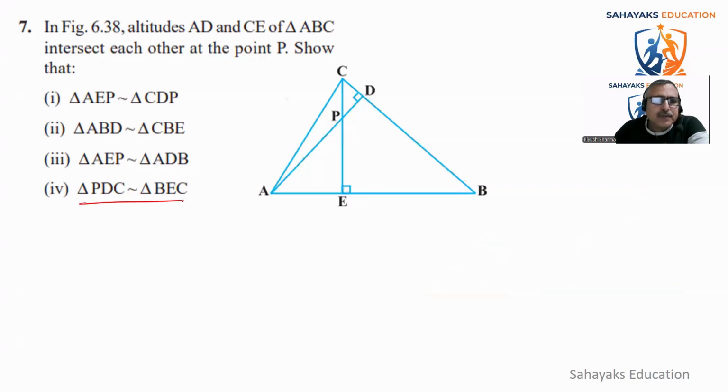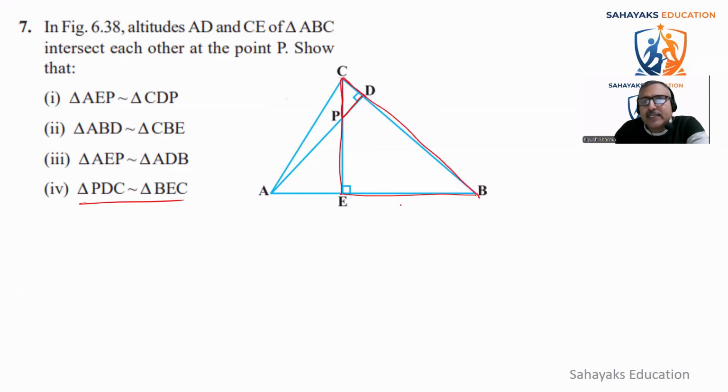Now I'll clear it up. Coming to the fourth one. Triangle PDC, this small triangle, and triangle BEC, this complete triangle.